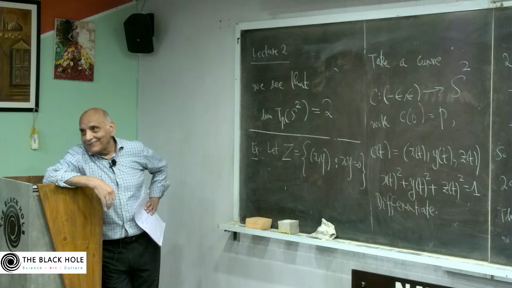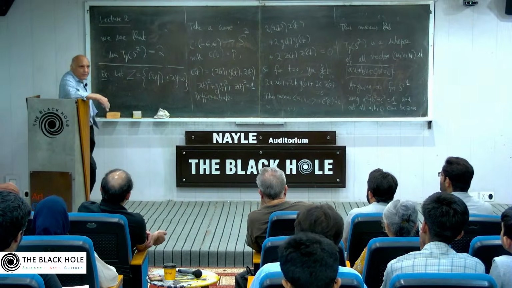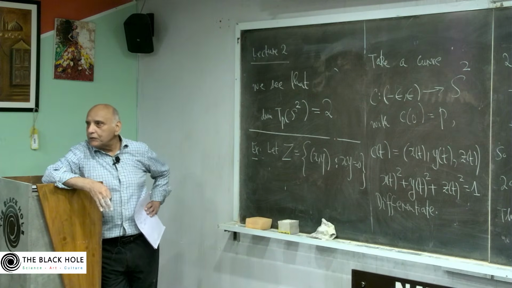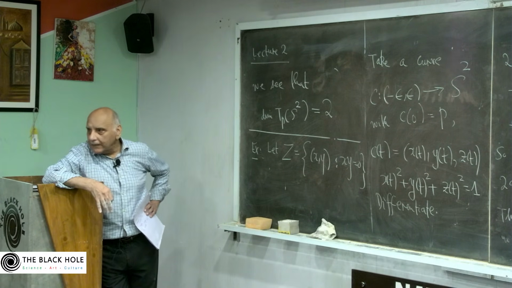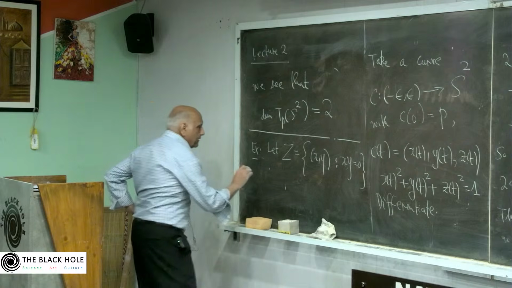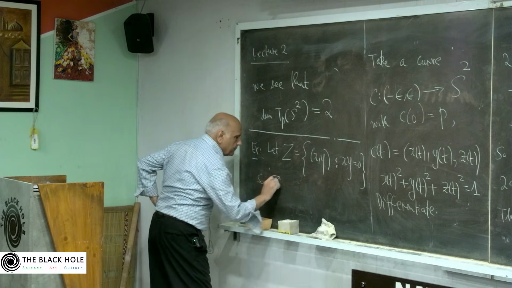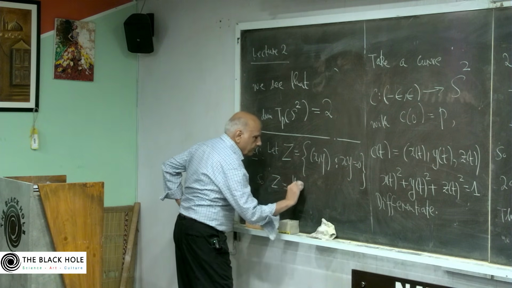Come on guys. Yeah, if xy is 0, one of x or y has to be 0. When x is 0, you are on the y axis. When y is 0, you are on the x axis. So Z is the union of the x and y axis.